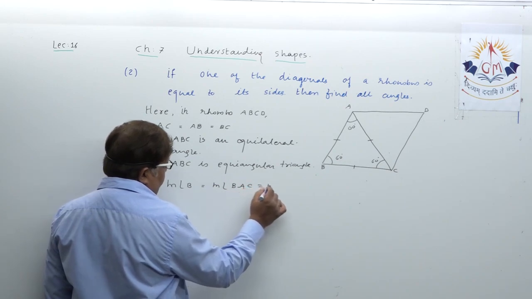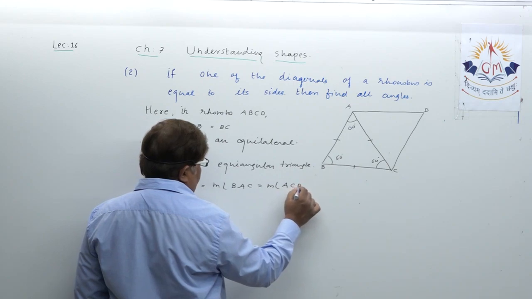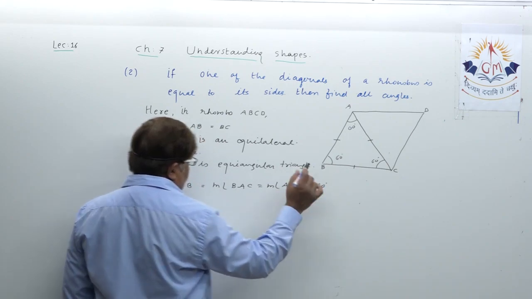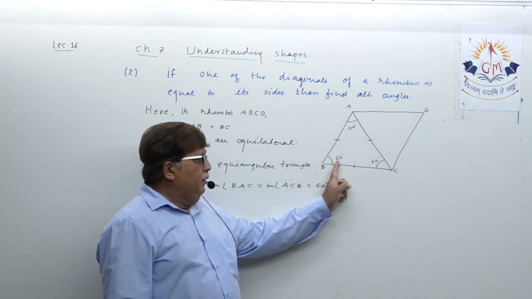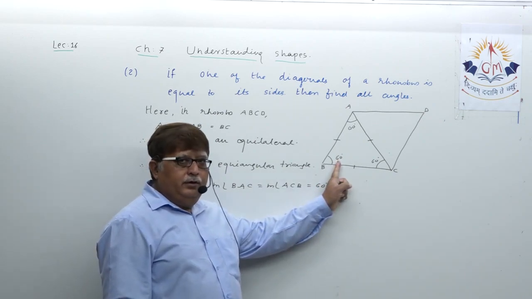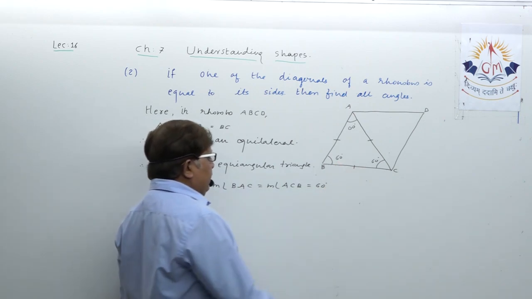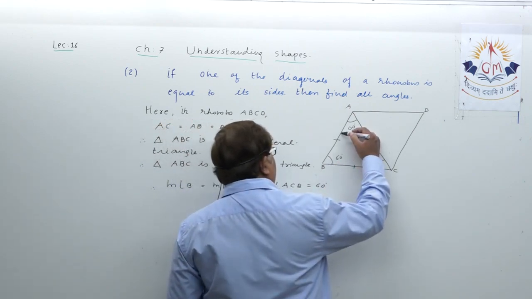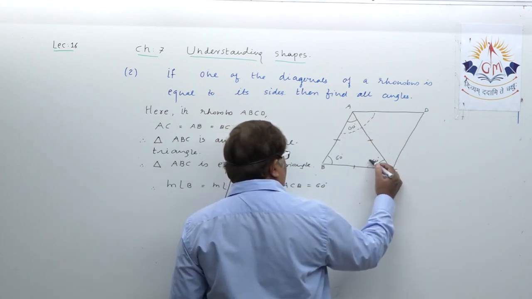You need to mention equal to measure angle ACB equal to 60 degrees. So dear student, one angle you already got, B. Now your target is to get angle A and angle C.